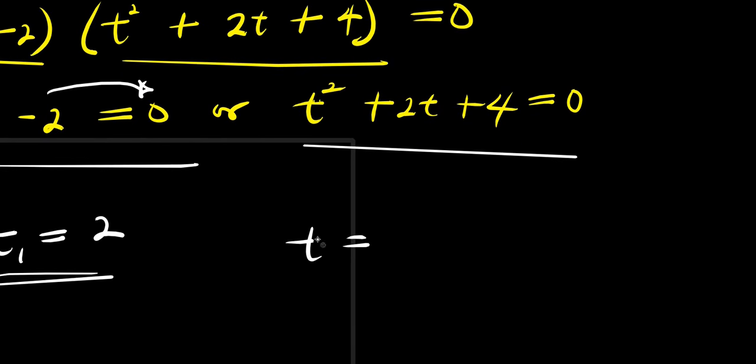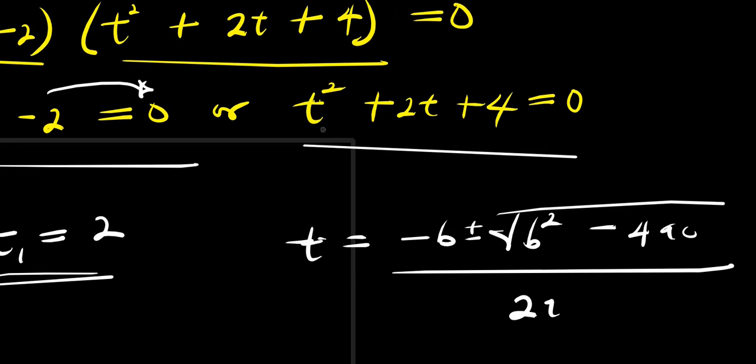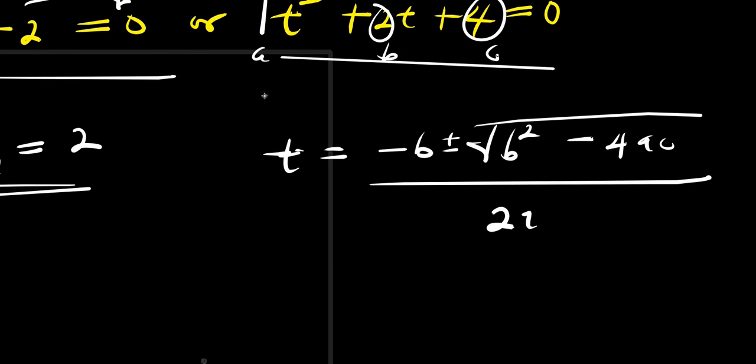The formula is t equals negative b plus or minus square root of b squared minus 4ac, divided by 2 times a. 1 is my a, which is the coefficient of t squared. 2 here is my b, which is the coefficient of t. 4 is my c, which is the constant. So I'm going to insert everything right here.